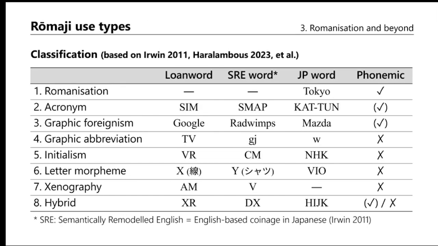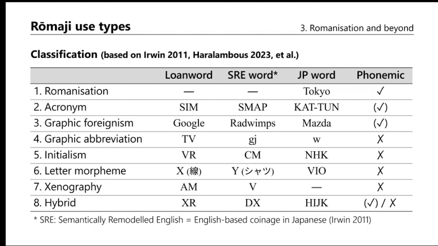So my point of this classification is that purely phonemic mapping can be found only in romanization. Yes, in acronym and graphic Porinism, we can speak of partial phonemic writing, and the same applies to hybrids if we can find examples.